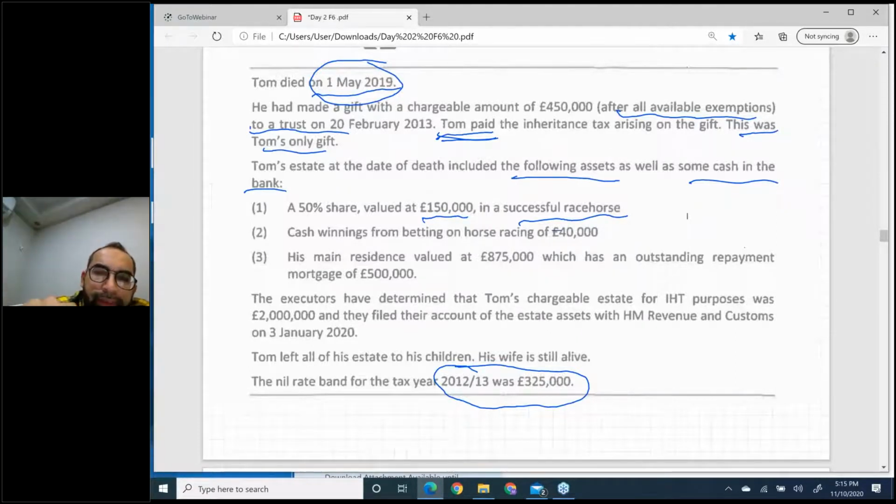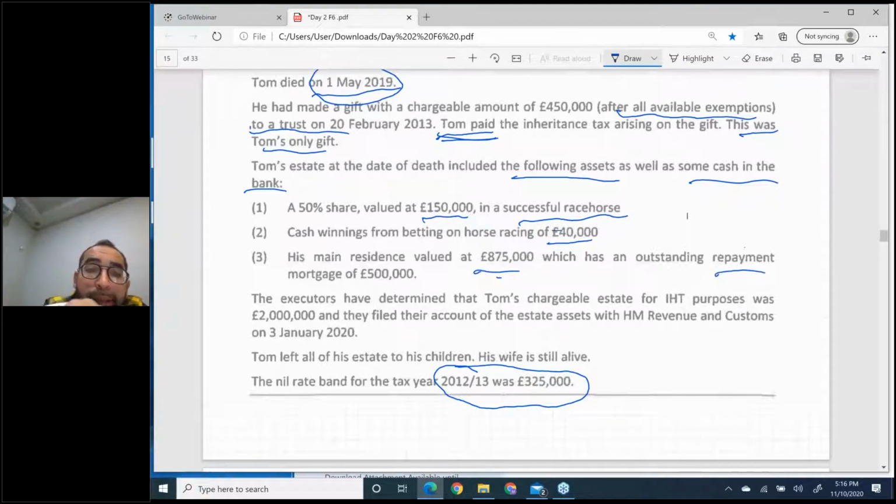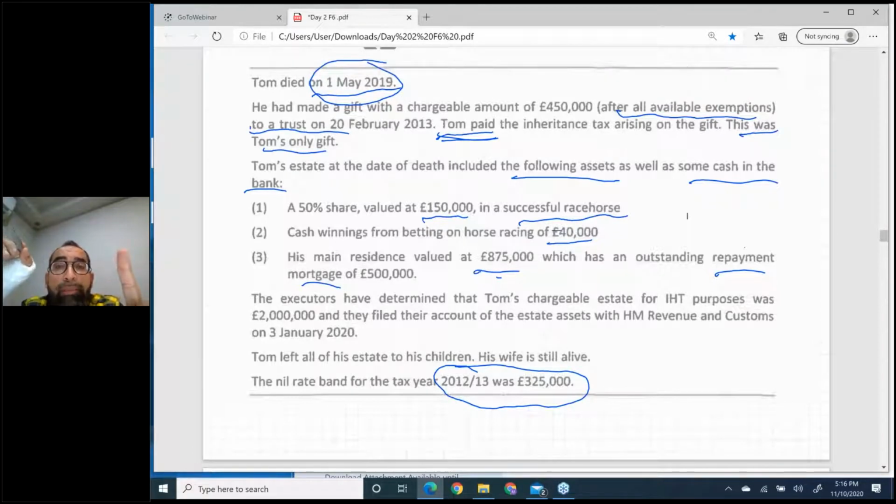Then cash winnings from betting on horse racing, 40,000. Yes, this is your asset, you will include it. Now number three: his main residence valued at 875,000, which has an outstanding repayment mortgage. That means a normal mortgage, please, it's not an endowment mortgage.